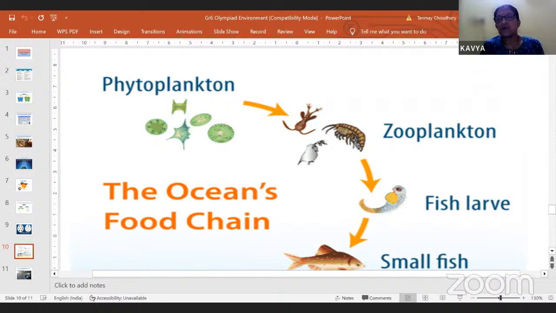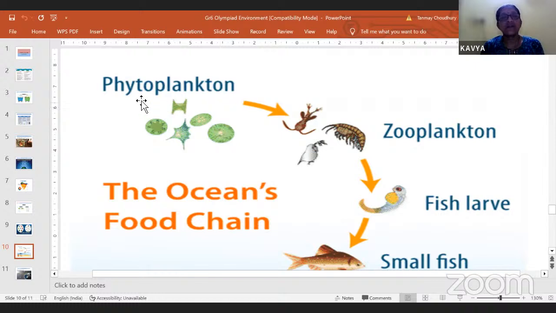If you see a pond or a lake or ocean or sea, you'll find that there is a green layer or something, and all these are microorganisms present on the sea, the ocean, the river, the lake, pond, everywhere. Now, in an aquatic food chain, these planktons form the first level.